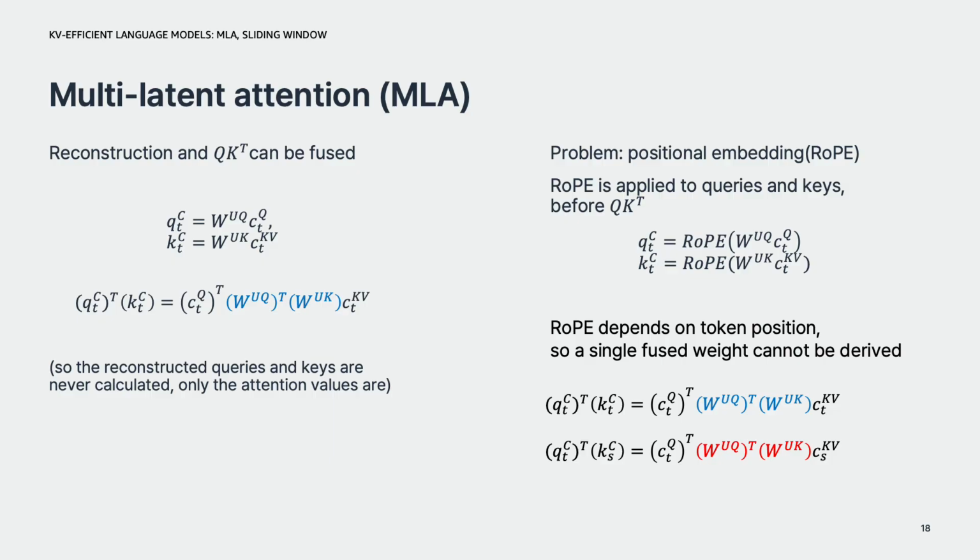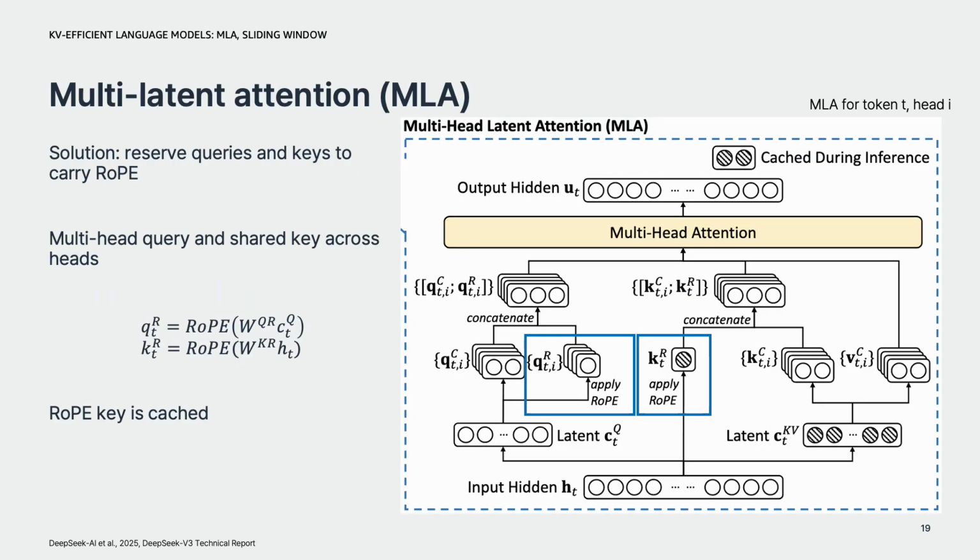So how does MLA tackle this problem? MLA solves this by reserving certain queries and keys to carry RoPE. This means that there are a few selected query and key dimensions where RoPE is applied. This is implemented a little differently in query and key. So let's look at the equations. Here c_Q is the query latent, and with up projection and then RoPE, it becomes q_R, the query where RoPE is applied.